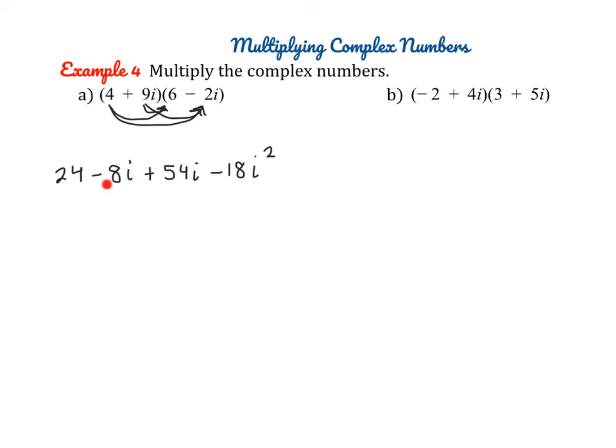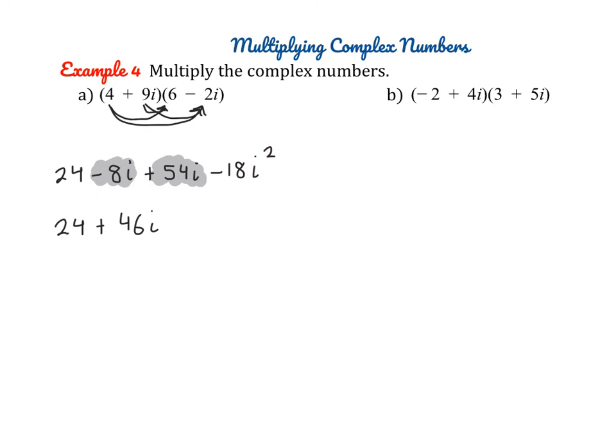Now here we can combine like terms and we can simplify. So these can be combined. So if we have negative 8i and positive 54i, I'll write the 24 first, that leaves us with 46i. And then the other really important thing to remember is that anytime we see i squared, it becomes -1.